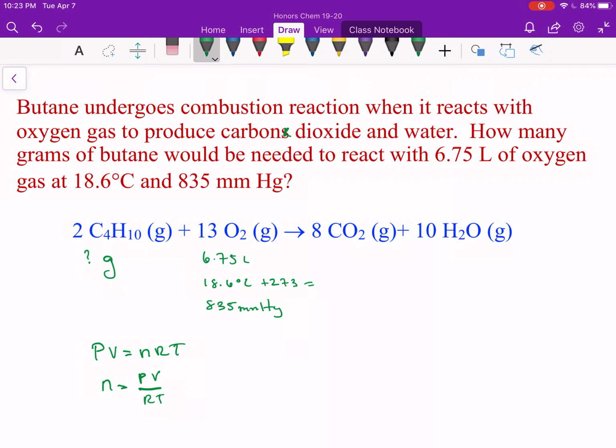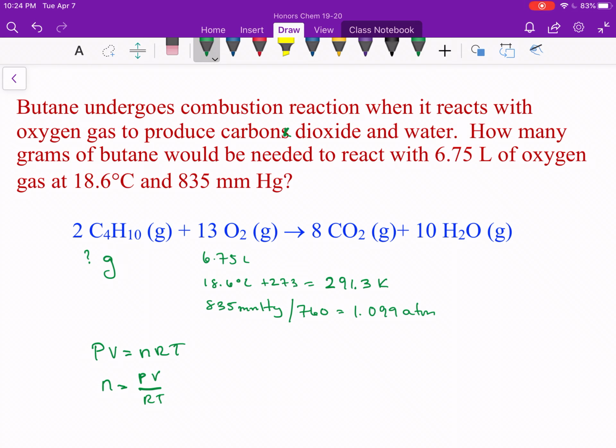And so we're going to get 291.3 Kelvin. And we also have that, but we had to divide that by 760, and that's going to be 1.099 ATM. Okay, and now we can just plug and chug.